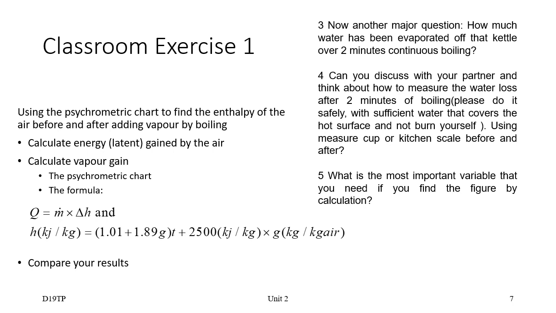If the air changes from one state to another, the enthalpy changes. From the enthalpy change, we can find how much energy was gained or lost by the air. So this is how we look at this one. Here we use the red one. This is the mass flow rate.